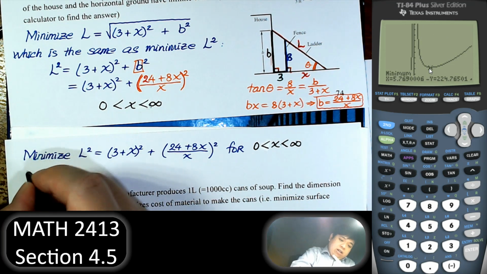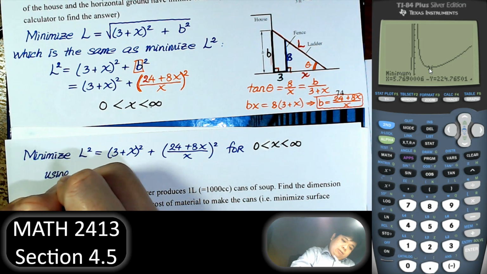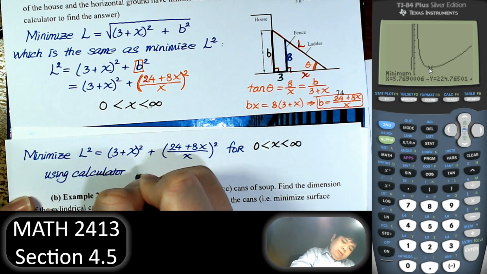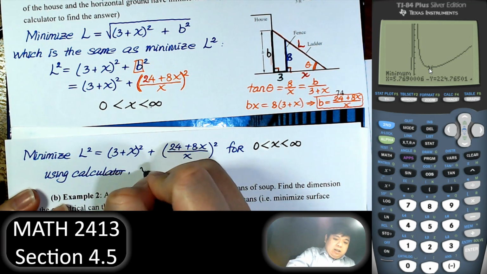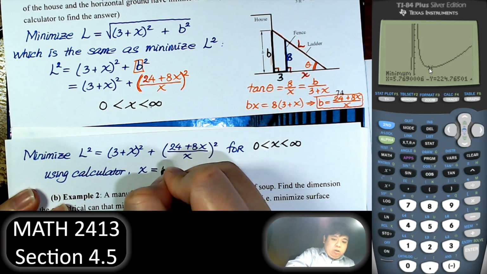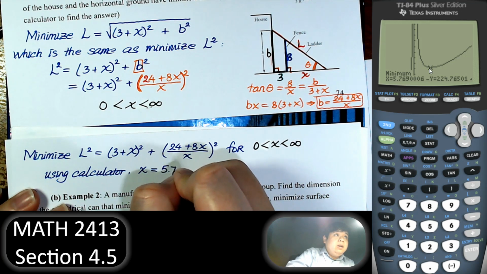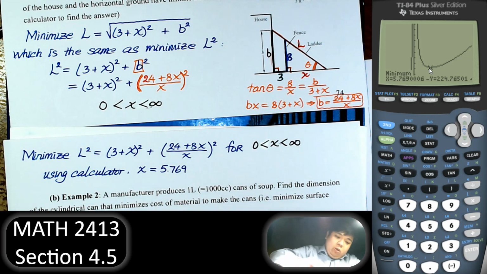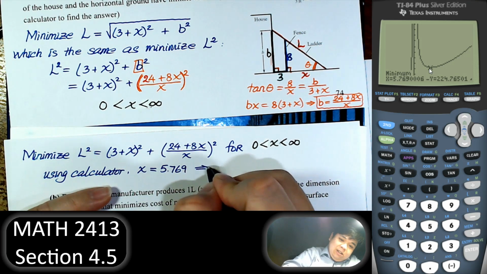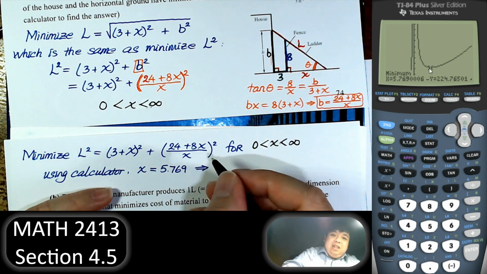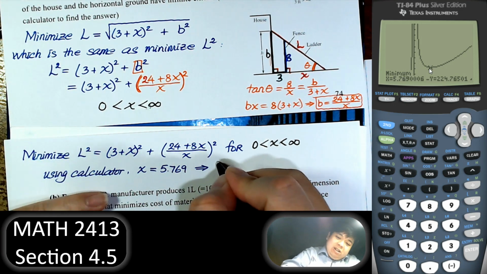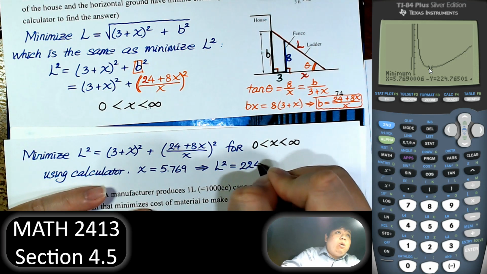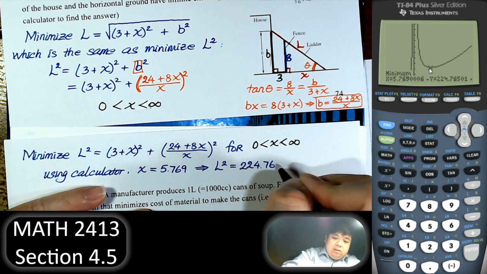So using the calculator, x is equal to 5.769, and then y, in this case it is L squared, is equal to 224.765.